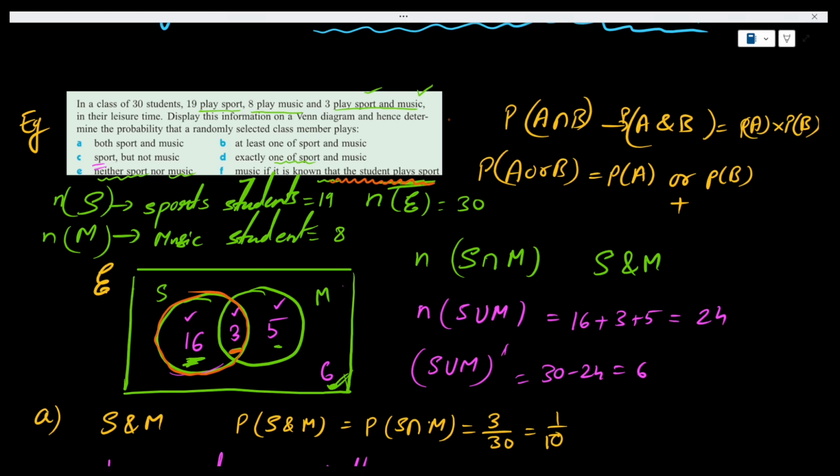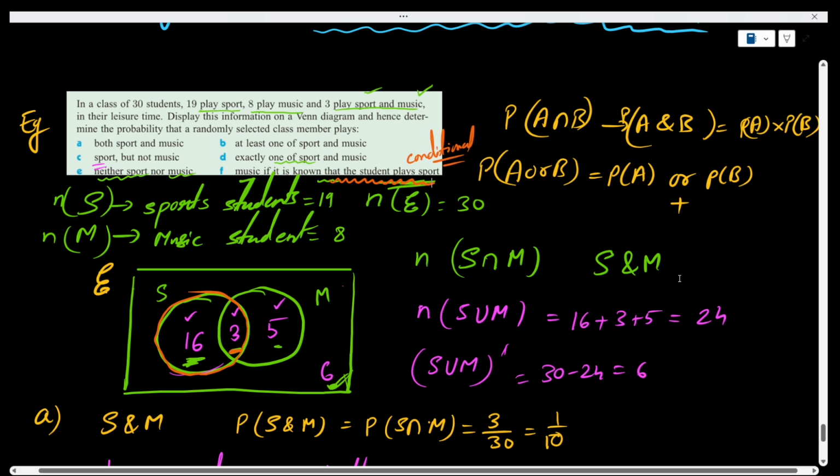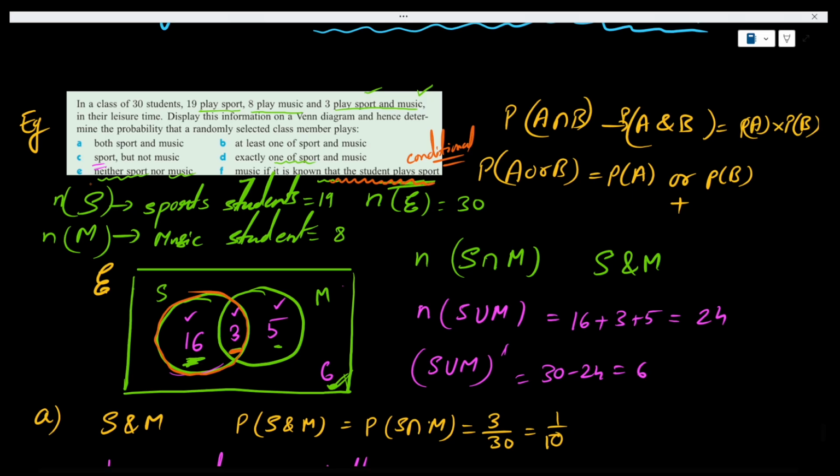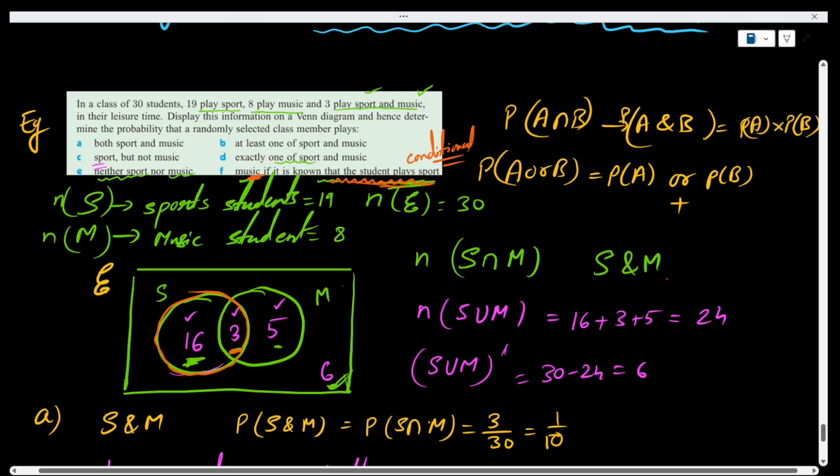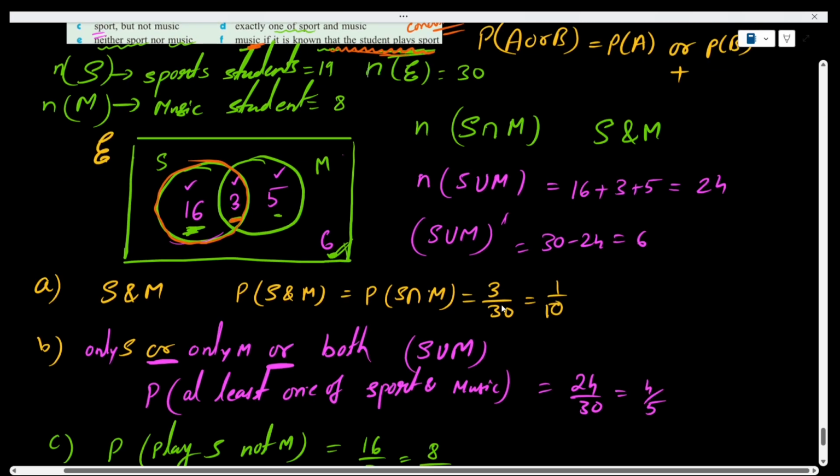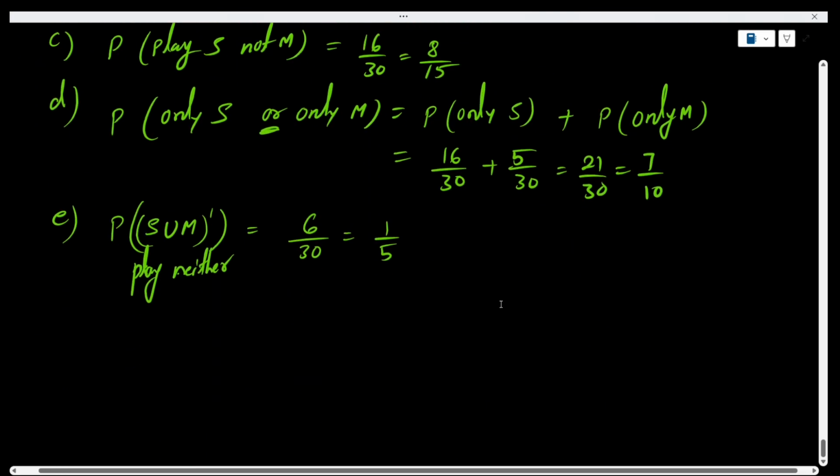Now this comes as conditional probability that we will see in our next video. They have given the condition, you need to choose a student who plays music, but they have to play sports also, right? So it is going to be the next part.